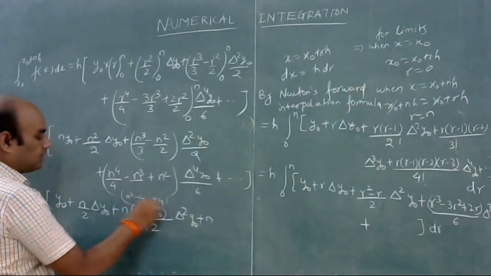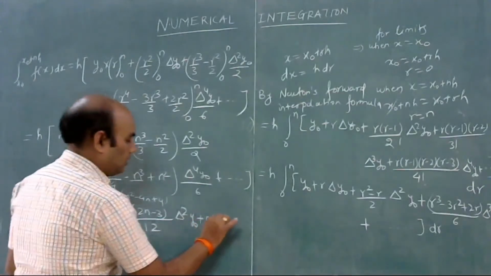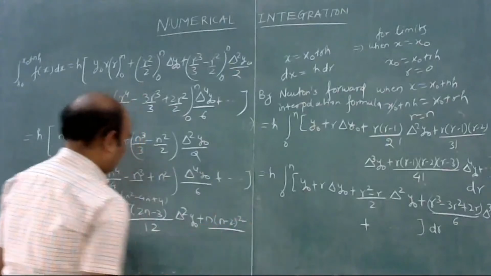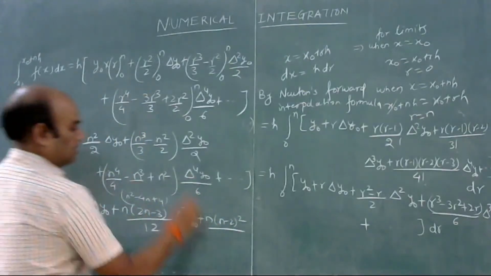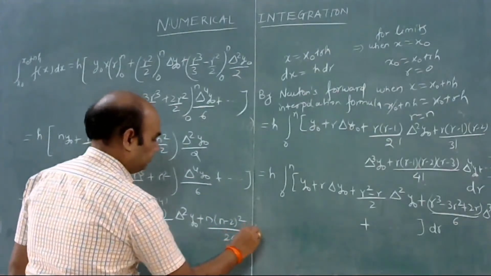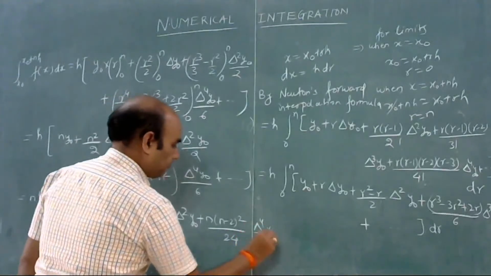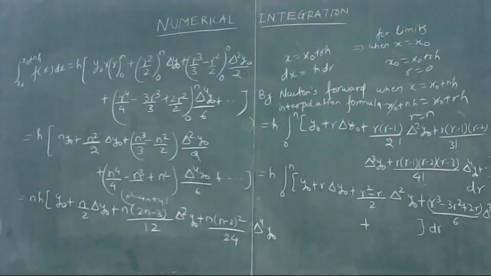So this is nothing but (n minus 2) whole square, divided by 4, it is 2 into 0. Okay, so you can write like this, and further terms.